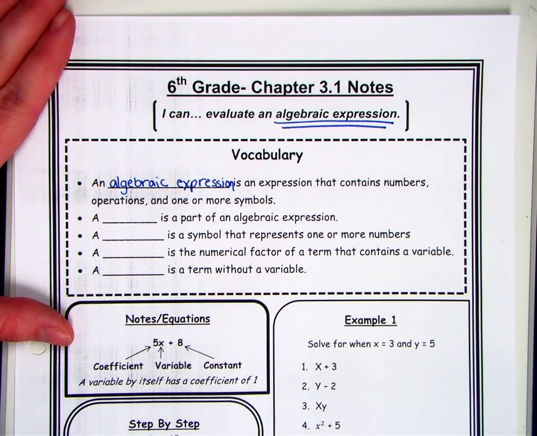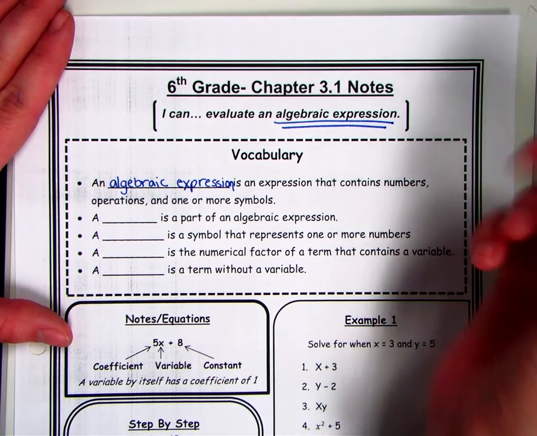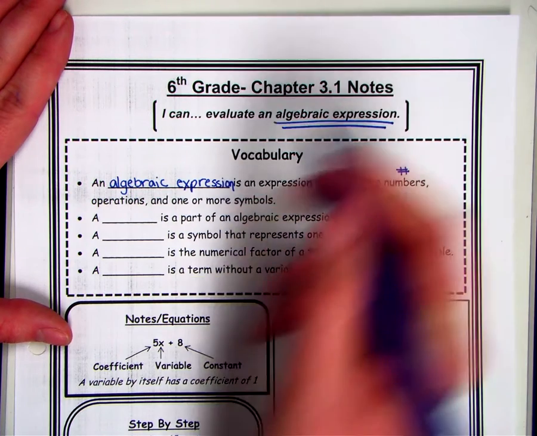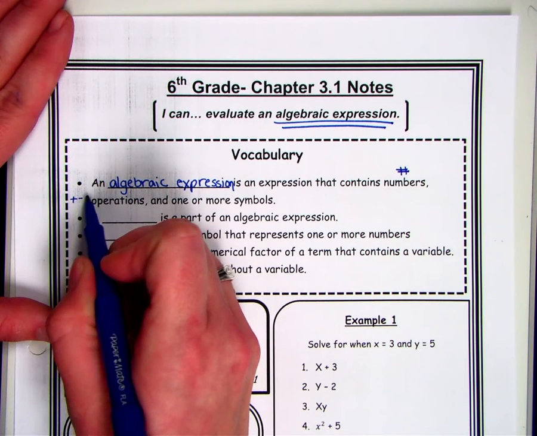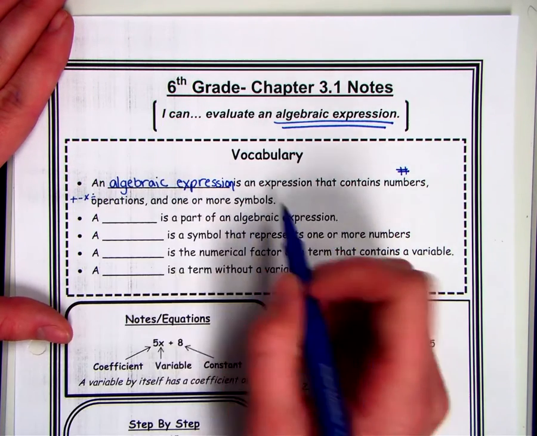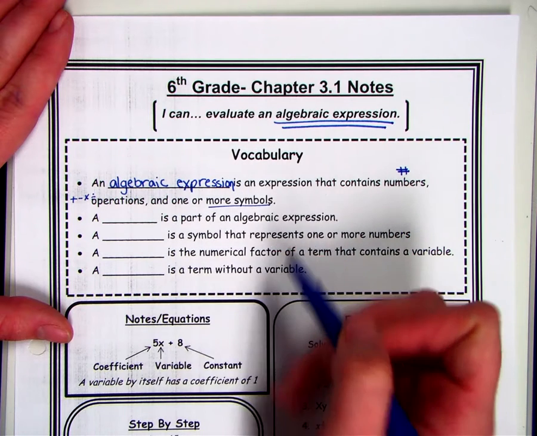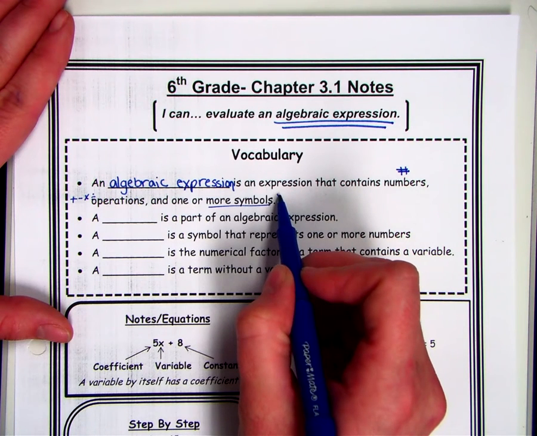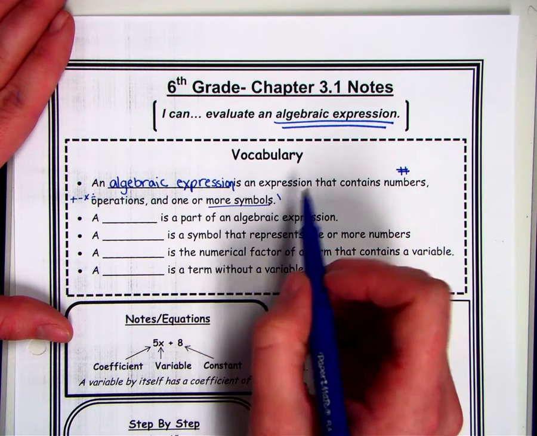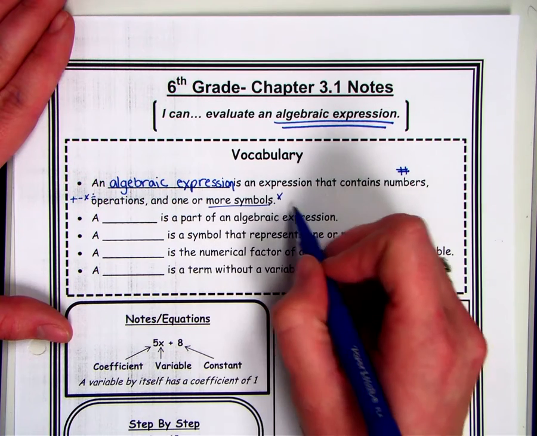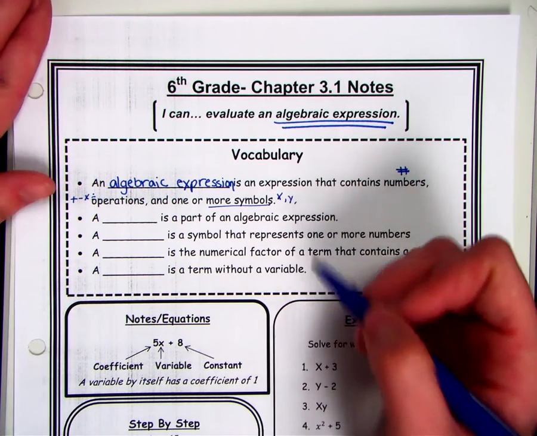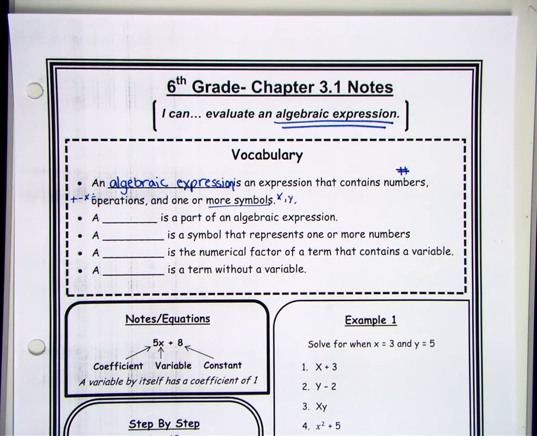An algebraic expression is an expression that contains numbers, operations, that would be adding, subtracting, multiplying, or dividing, and one or more symbols. That might mean an X, like a variable, a Y, or some other examples as well. We're going to go through a few examples.